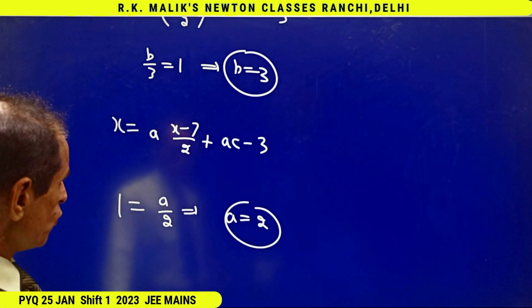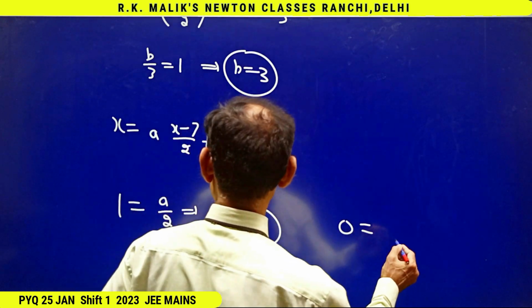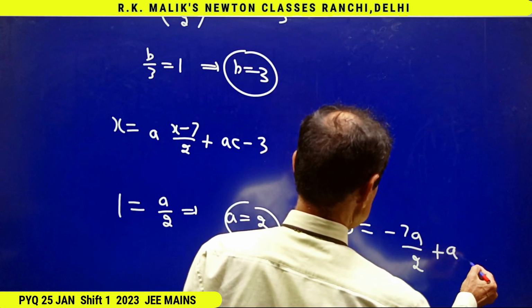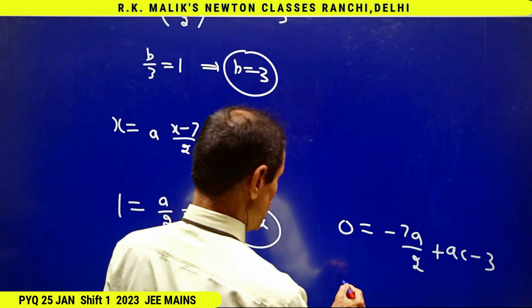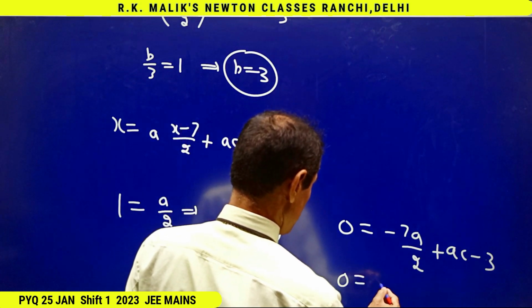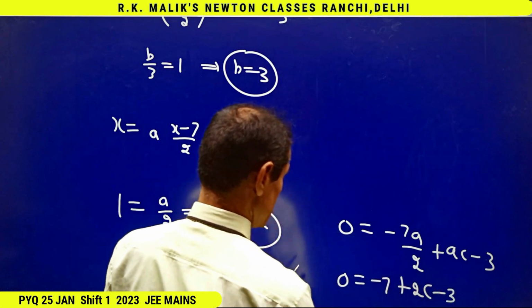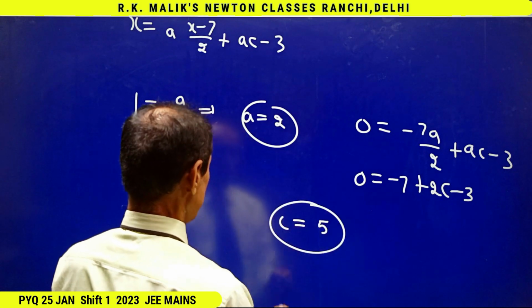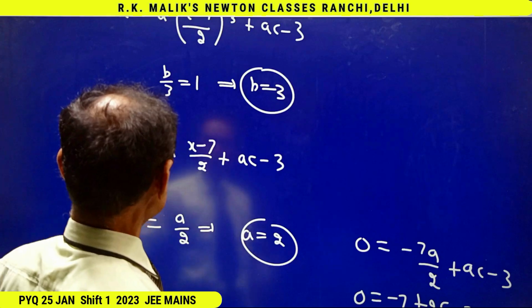Now comparing the constant term, I get 0 equal to minus 7a by 2 plus ac minus 3, and taking a equal to 2, I get 0 equal to minus 7 plus 2c minus 3, that is the value of c becomes 5. Hence the values of c, a and b are known to you.